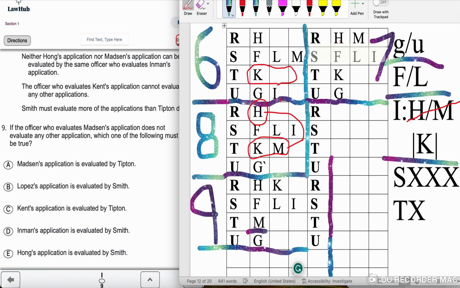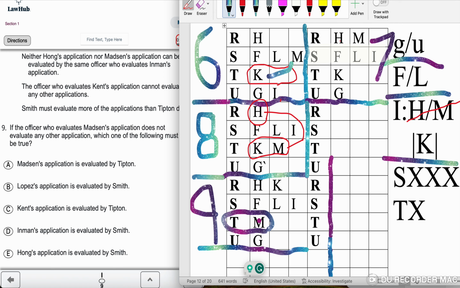So M is going to be here. And if we really wanted to, we could rotate here, and we could use this game board as well. And we can use this game board too. And this is kind of like what we did right here. So we have M by itself in this game board.